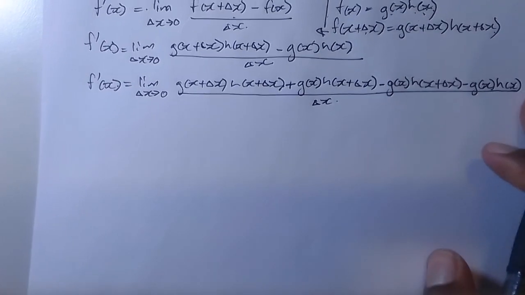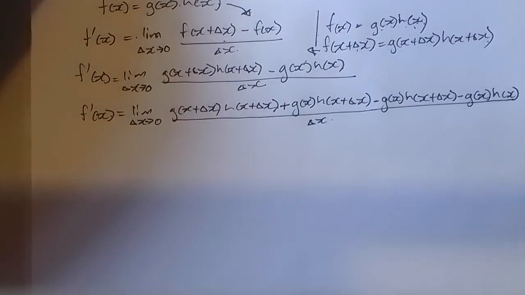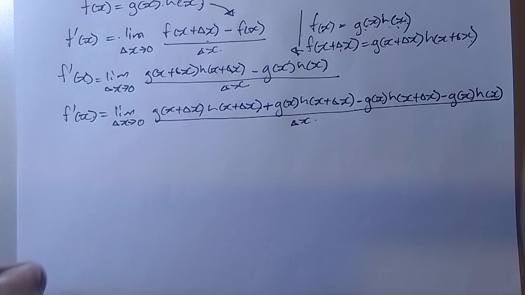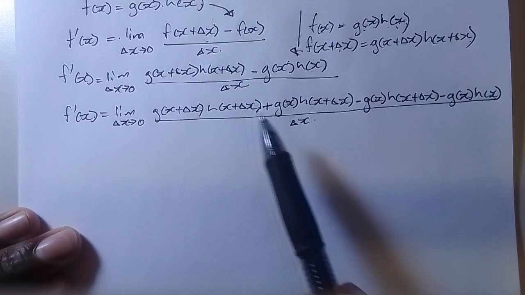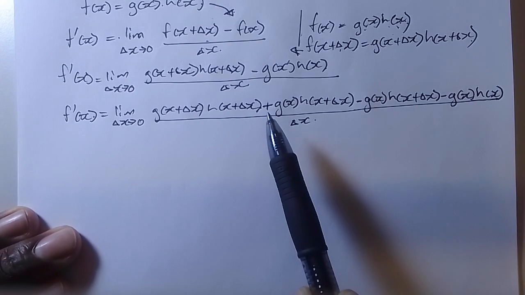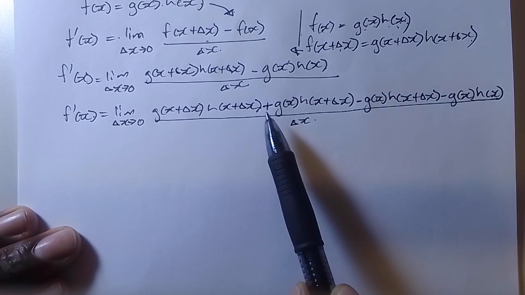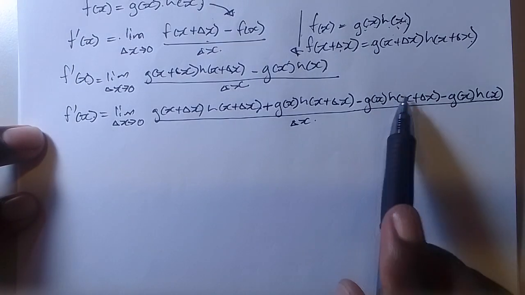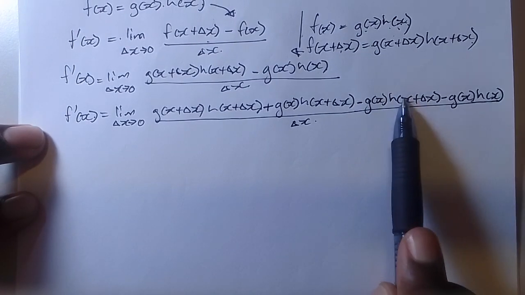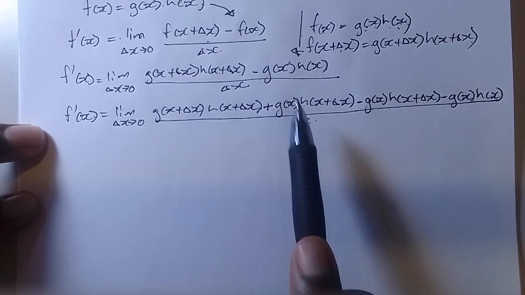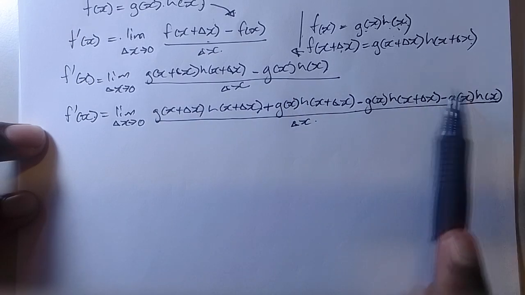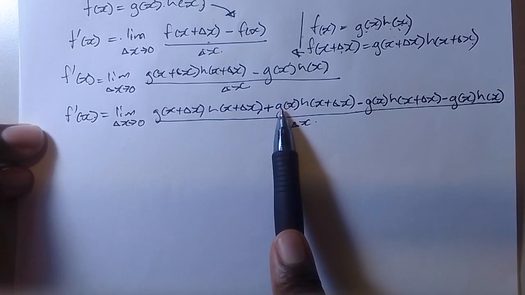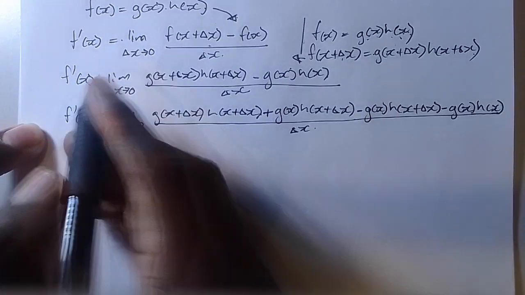Okay, so what I want from this is to take out a common factor, but there's something I'll do first again. I'll take this and bring it closer to this, and I'll take this and bring it closer to that. You will see as time goes on why I did that, but let us do so.